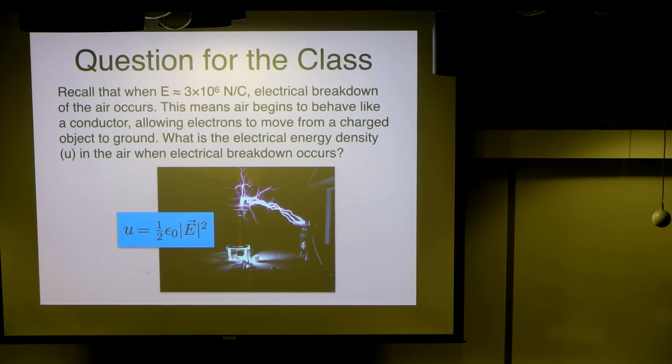So yeah, the calculation itself is pretty straightforward. So once you've done that, try to see that you can convince yourself the units come out as joules per cubic meter.